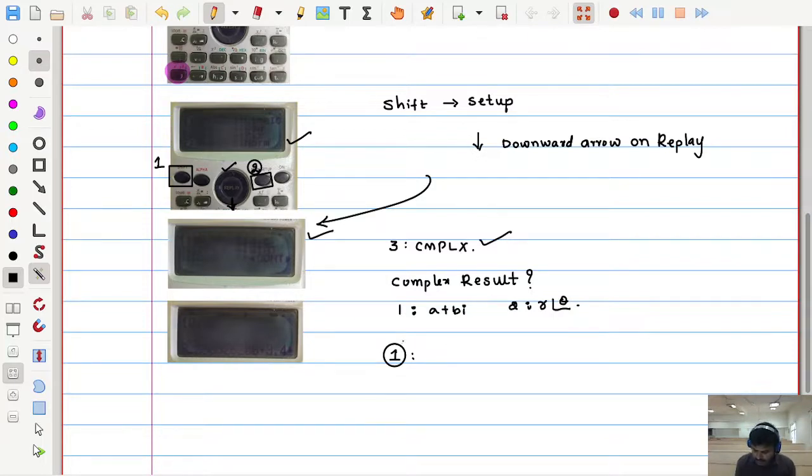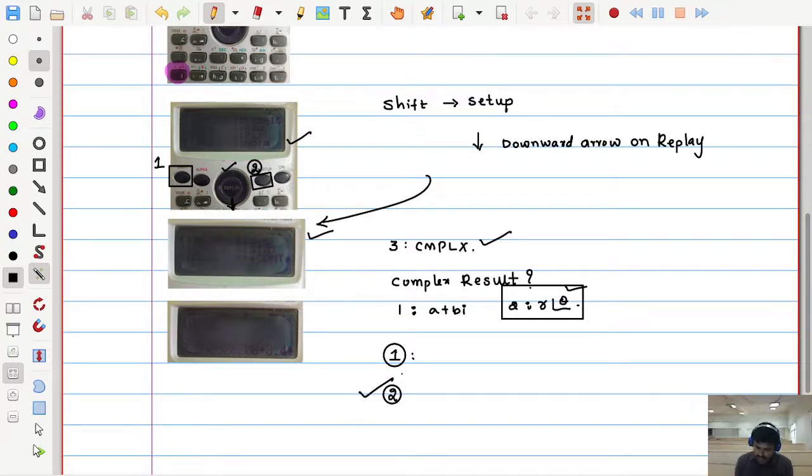If you need the result in a plus bi form, choose 1. If you need the result in r at an angle theta form, choose 2. Preferably I will keep my calculator result always in r at an angle theta form, so I will be choosing 2 as of now.